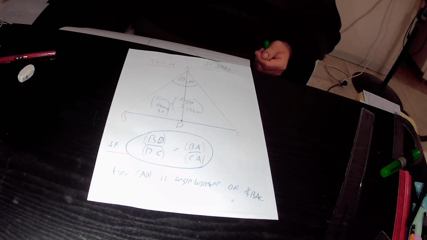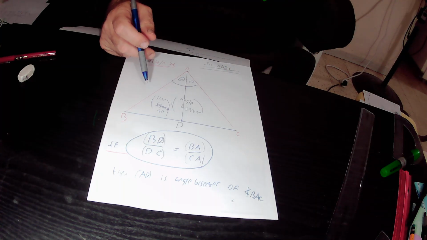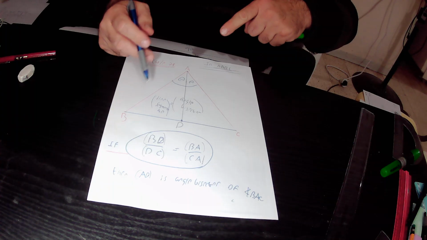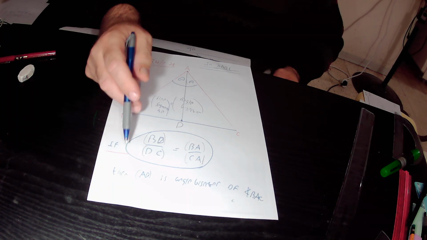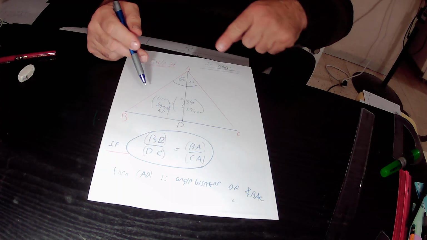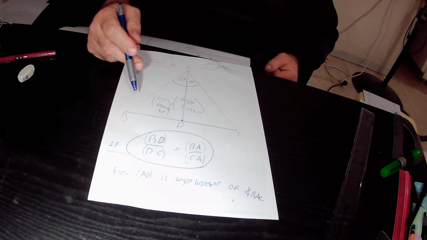And because line segment AD divides the sides of this triangle ABC proportionally, line segment AD is defined as the angle bisector of angle BAC in this triangle ABC.